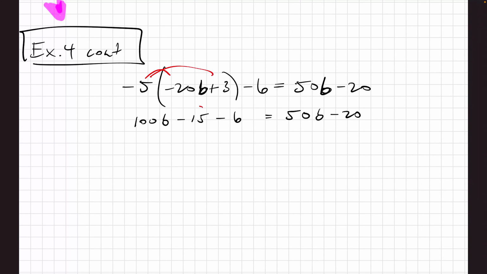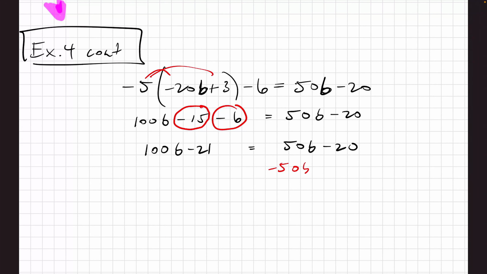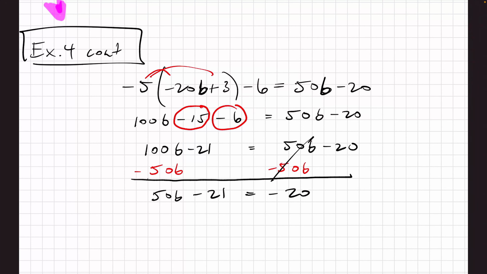Combine like terms. I can combine these two guys to make negative 21. Get b's on the same side. So we get 50b minus 21 equals negative 20.